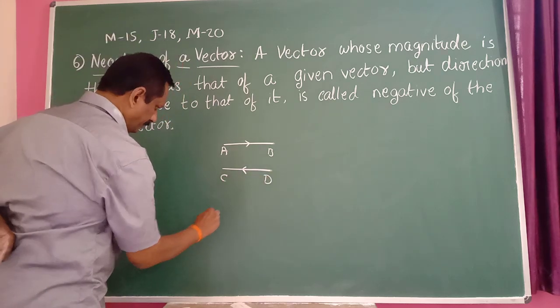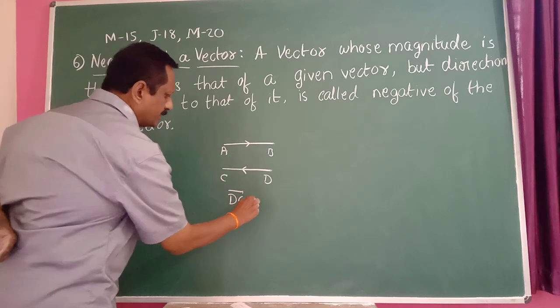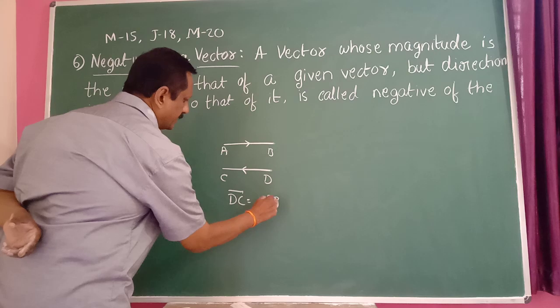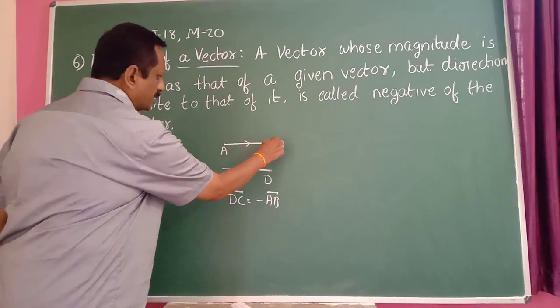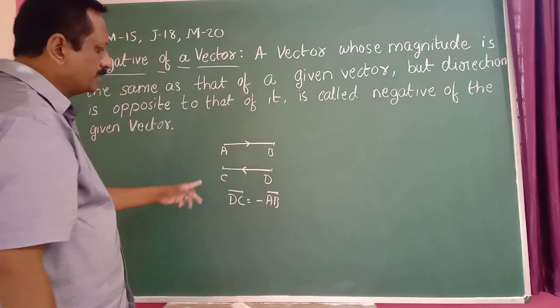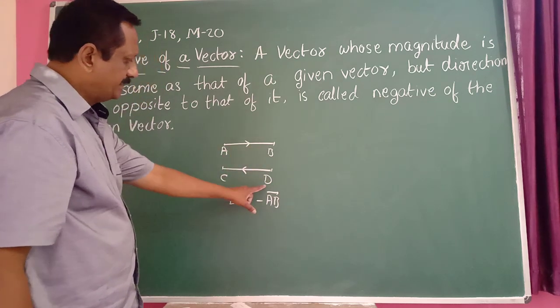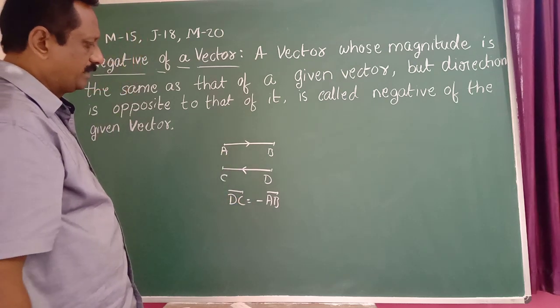Here DC is equal to minus of the vector AB, because the magnitudes are the same but the direction is opposite.